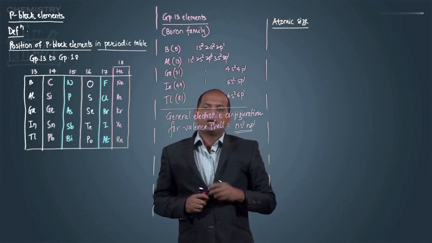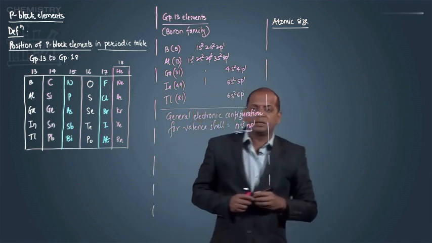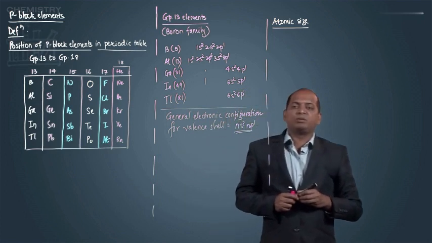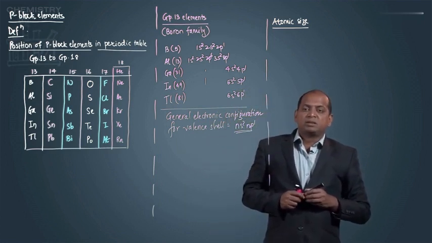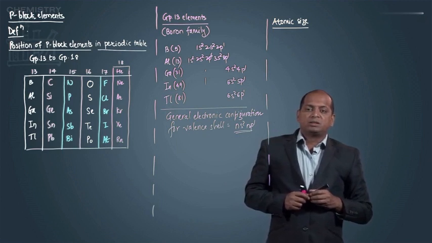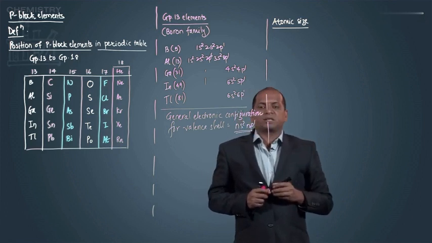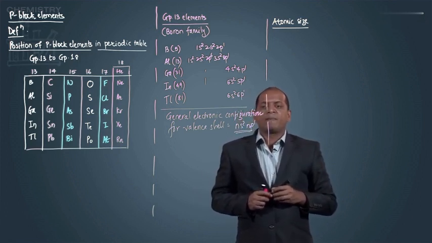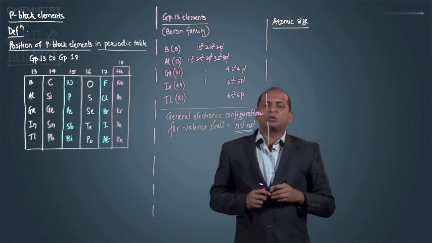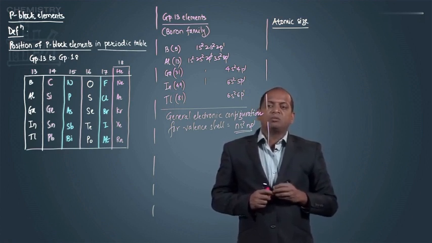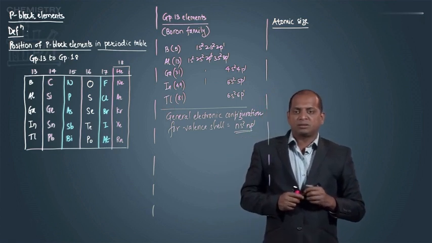It is obvious: as we move across the period, atomic size goes on decreasing because there is an increase in effective nuclear charge.